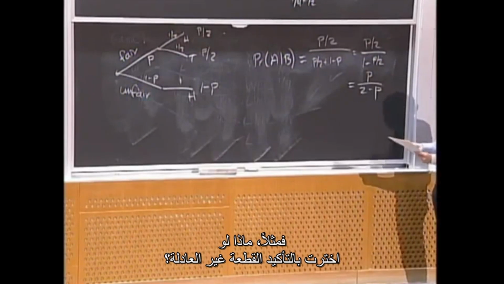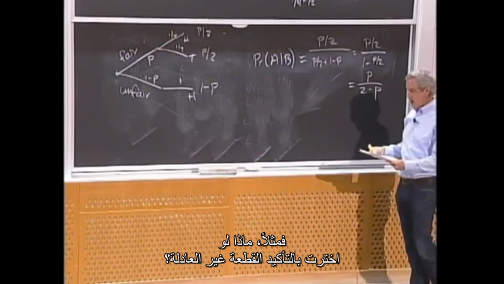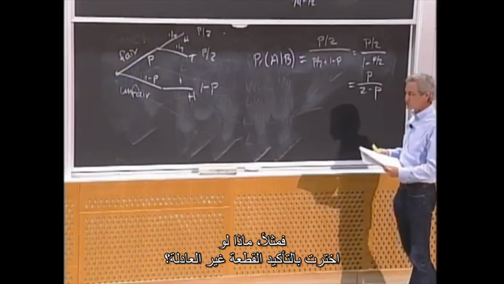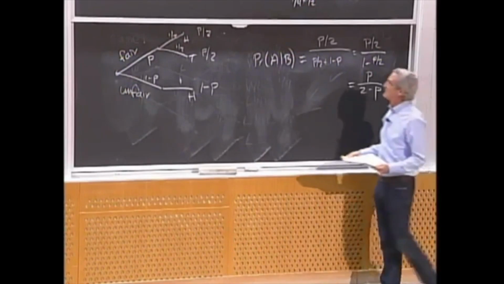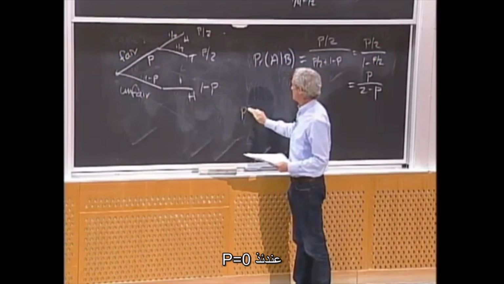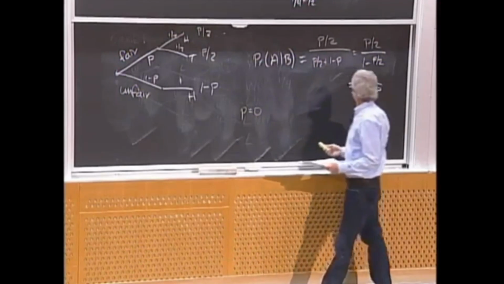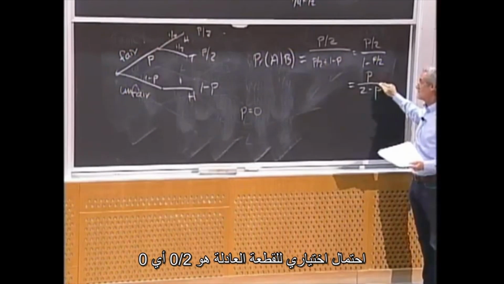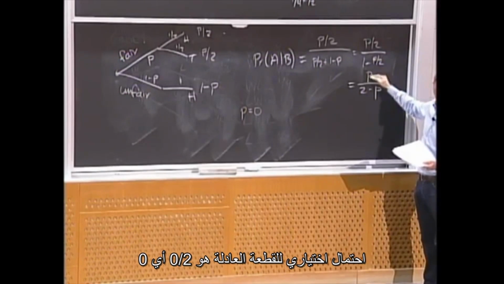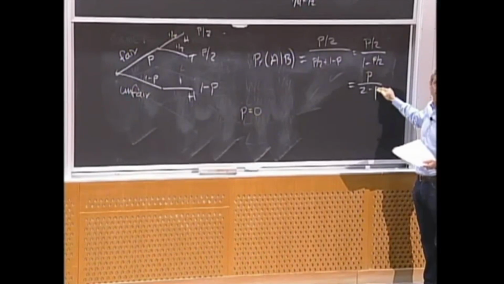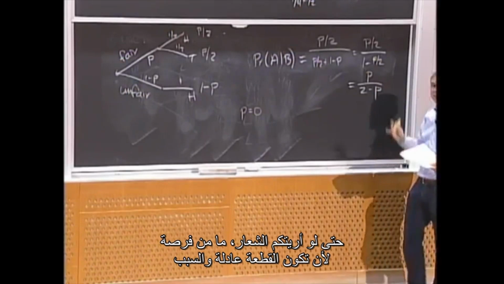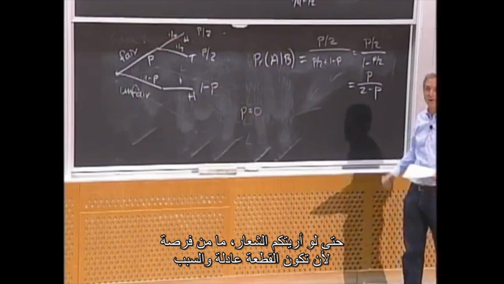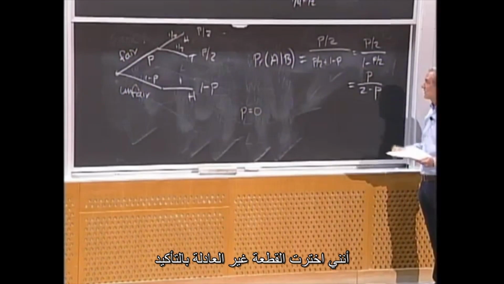For example, what if I picked the unfair coin for sure? That would be P being 0. Well, the probability that I picked the fair coin is 0 over 2, which is 0. Even though I showed you the heads, there's no chance it was the fair coin because I picked the unfair coin for sure.